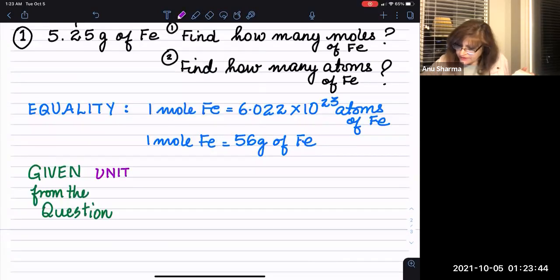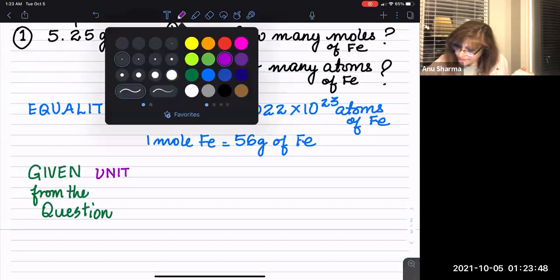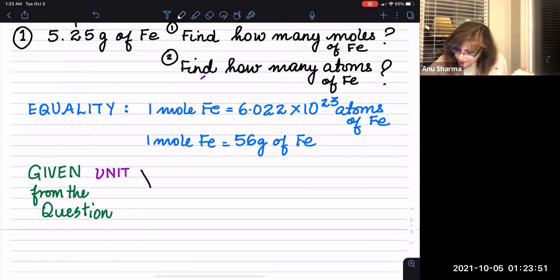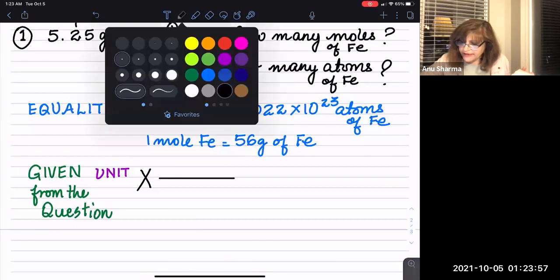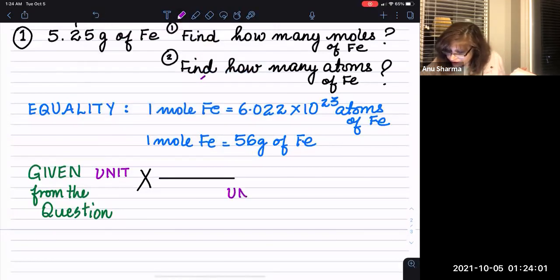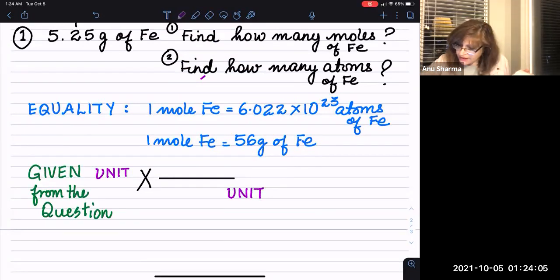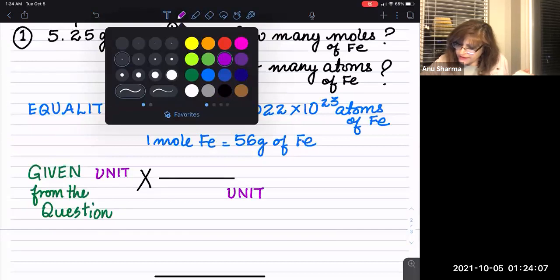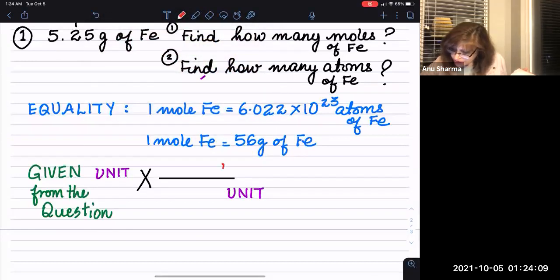Whatever that unit is, you multiply that unit with a conversion factor. In the conversion factor, the unit that you want to get rid of is at the bottom, in the denominator, and the unit that you want is on the top.